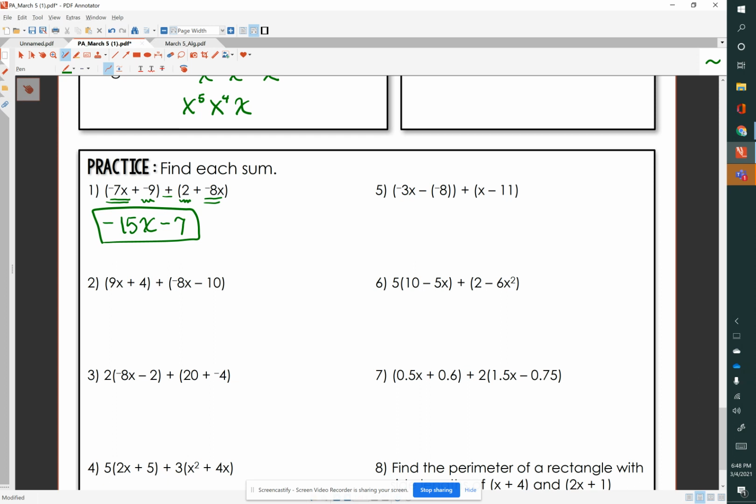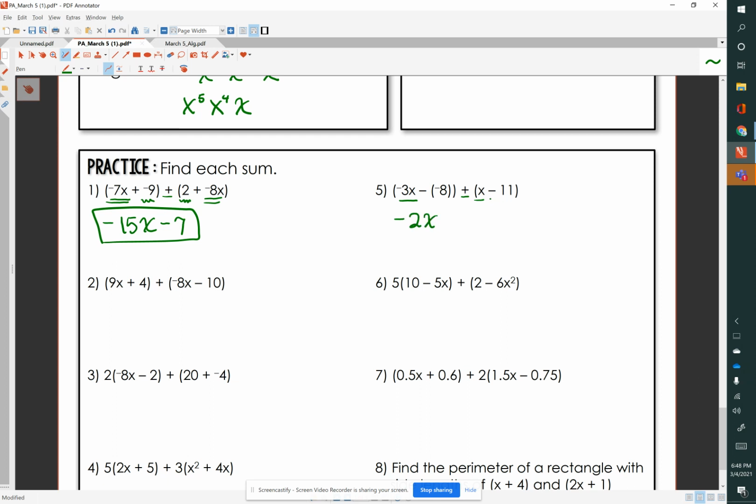Okay, we are a little bit out of order. We're going across today. That's okay. We've got negative 3x minus negative 8 plus x minus 11. Let's start with the x terms. We have negative 3x plus x. So negative 3 plus 1 is negative 2x.